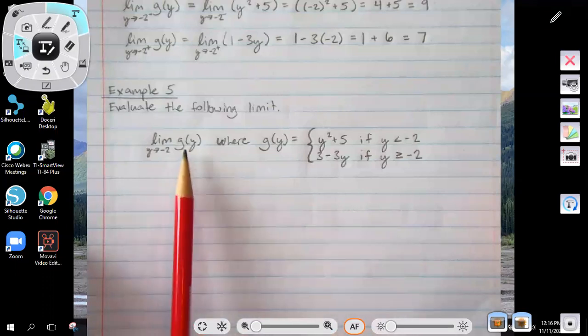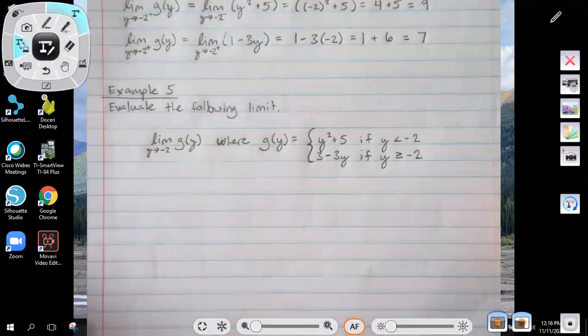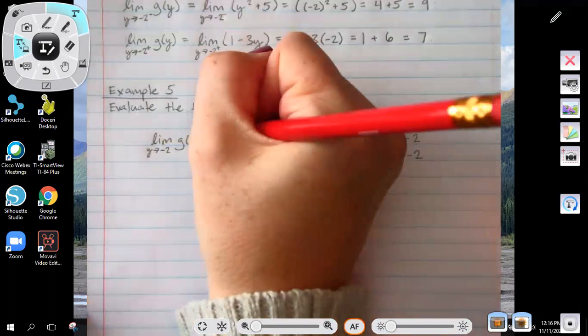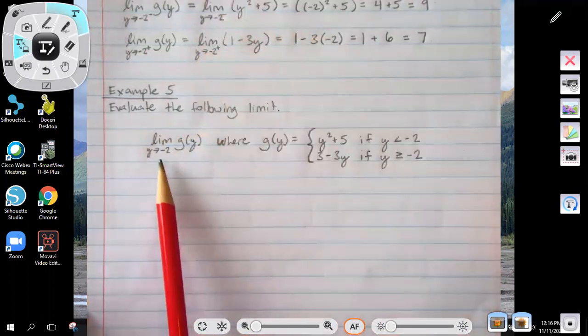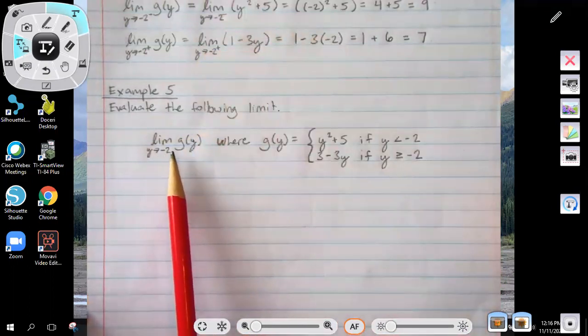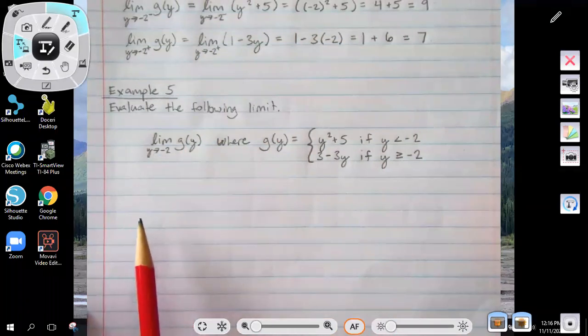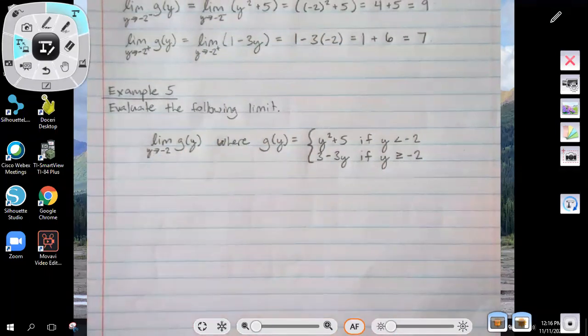It's basically like you're doing part B from example 4. So you're going to evaluate both one-sided limits as y approaches -2. You're going to look at the limit as y approaches -2 from the left and the limit as y approaches -2 from the right.